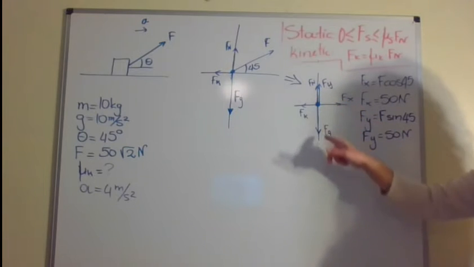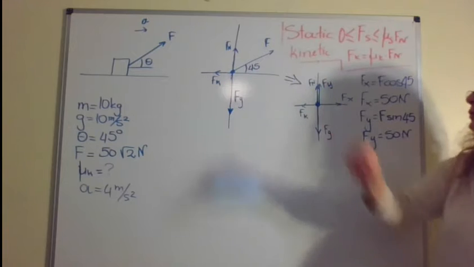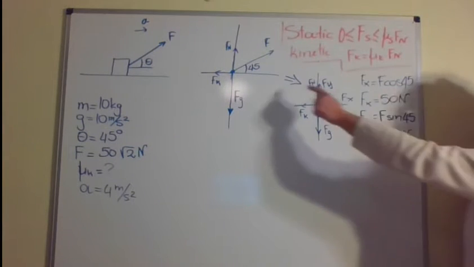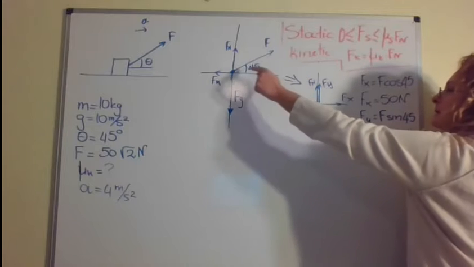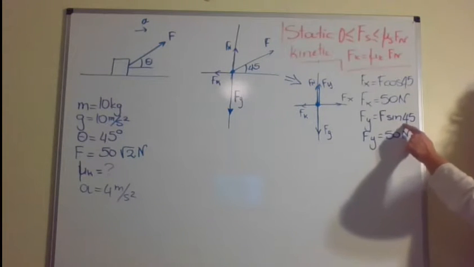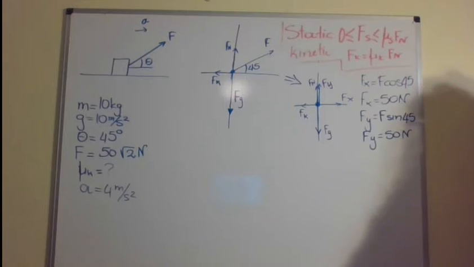So now I will have the x and y components instead of the force F, and I can find them. The x gets the cosine because the x-axis is adjacent to the angle, while the y gets a sine. So I can find the components of the force on the x and the y-axis.